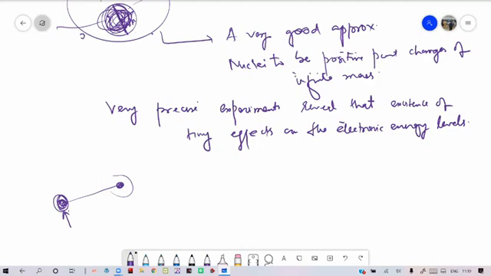So that field, under these approximations, does not affect at all the electronic energy levels, because we are assuming that it's too far away, that it is not moving from its position, it is infinitely heavy. This is an approximation on the basis of which various results have been derived.